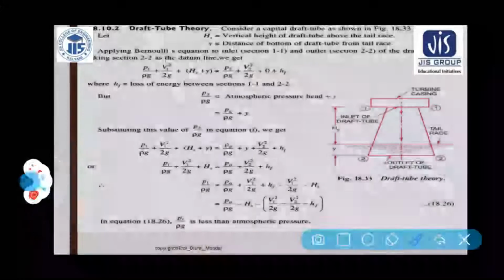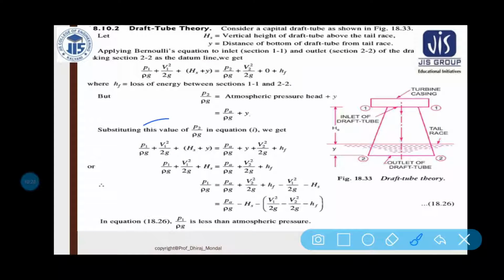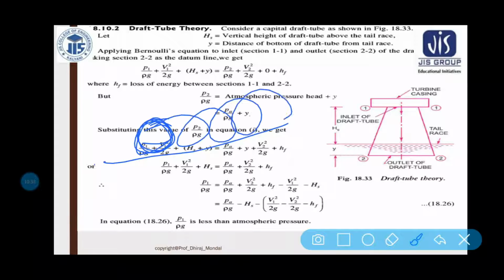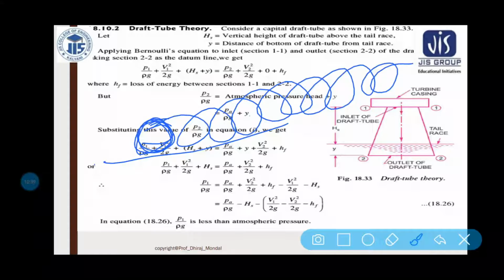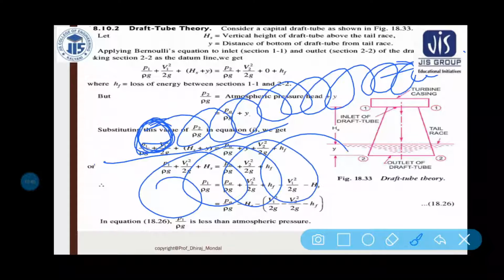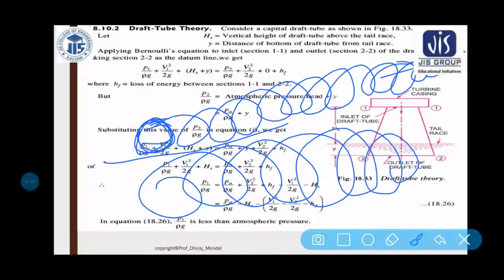What do you mean by irrotational flow? Rotational flow means that when the water particle is moving, it is also rotating with respect to its own axis, and also moving forward along the x-axis. So that is rotational flow.